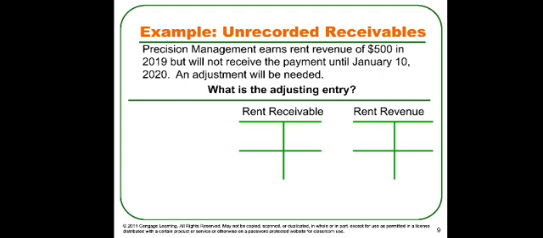So if you have this situation for your own business, then you have to think that you have to record this rent revenue. You have to record this rent revenue because it had happened in year 2019.